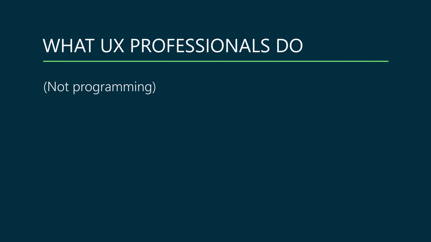So let's talk about some of the work and activities that a UX person does in order to design that interface layer. The first thing I'm going to say about this is that it does not involve programming. And that's one of the controversial places.